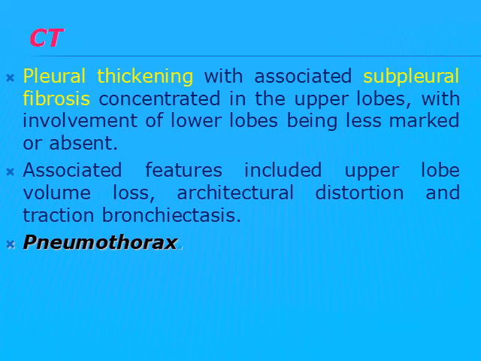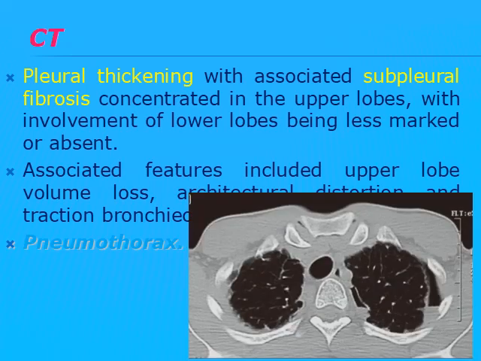The associated features include upper lobe volume loss, platythorax clinically, architectural distortion, and traction bronchiectasis. In addition, we can see localized pneumothorax, pleural thickening, and pleural fibrosis with fibrotic bands that proceed into the apices.